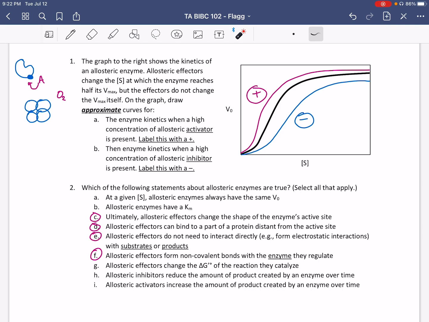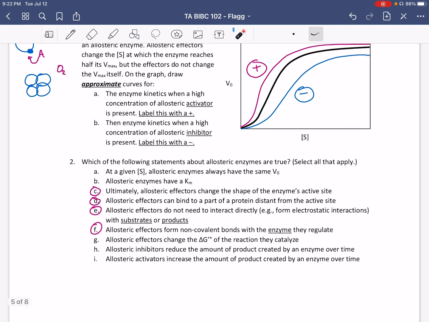So the actual concentration of product versus reactant will not be changed, meaning that delta G prime naught will not be changed. Rather, the kinetics or the rate of the reaction will be changed. So G is incorrect. Let's take a look at H and I.